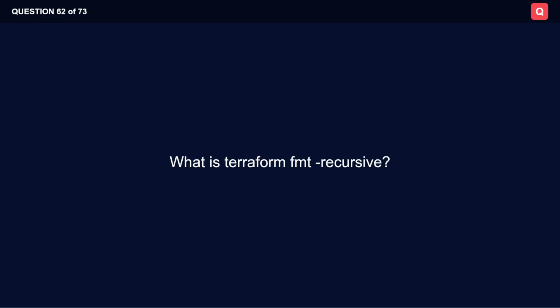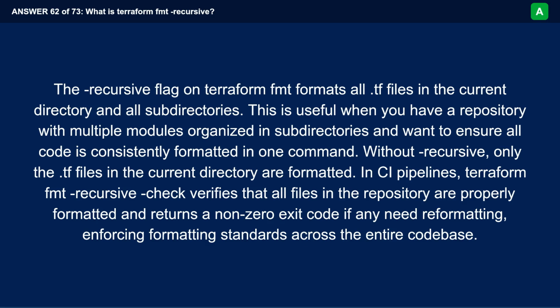What is terraform fmt -recursive? The recursive flag on terraform fmt formats all .tf files in the current directory and all subdirectories. This is useful when you have a repository with multiple modules organized in subdirectories and want to ensure all code is consistently formatted in one command.